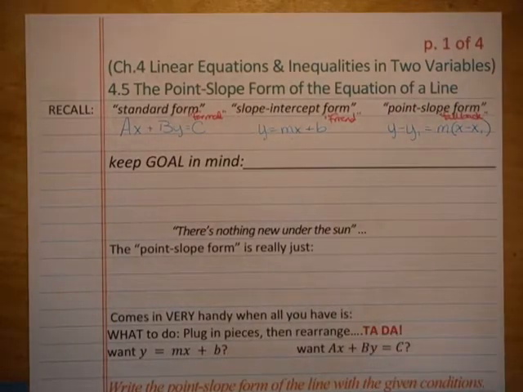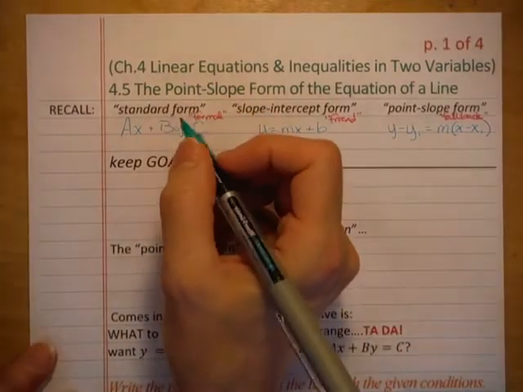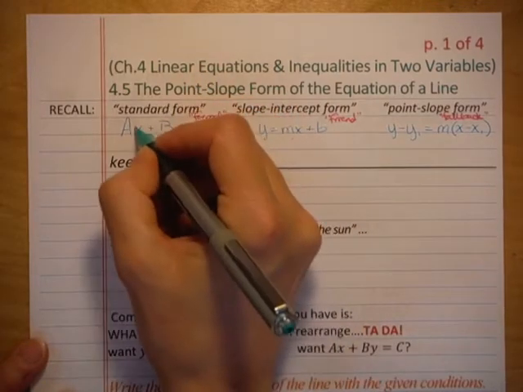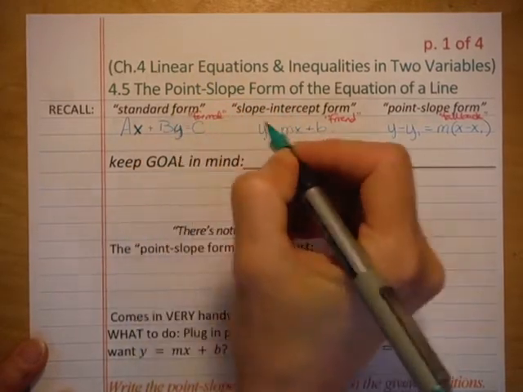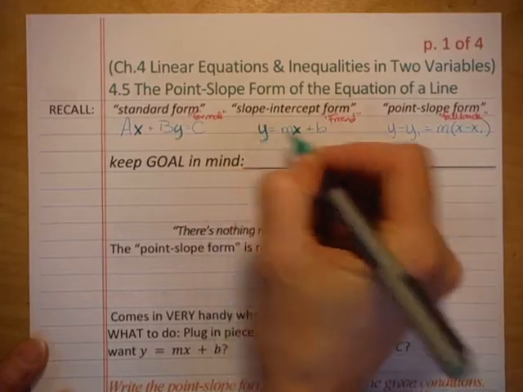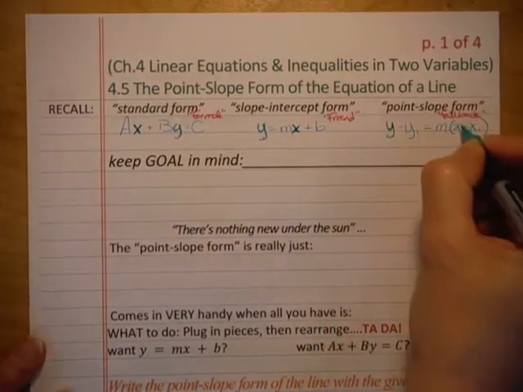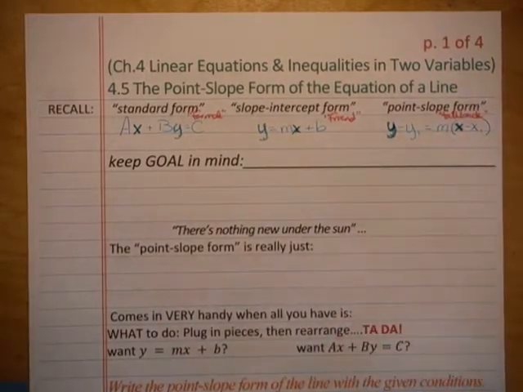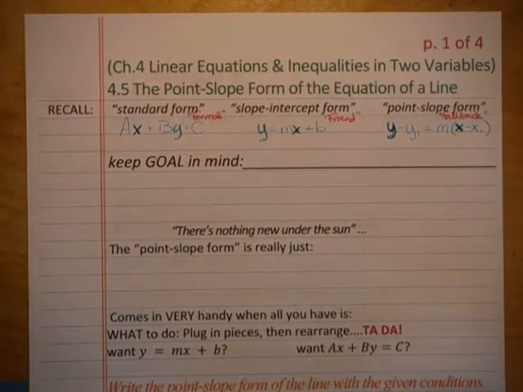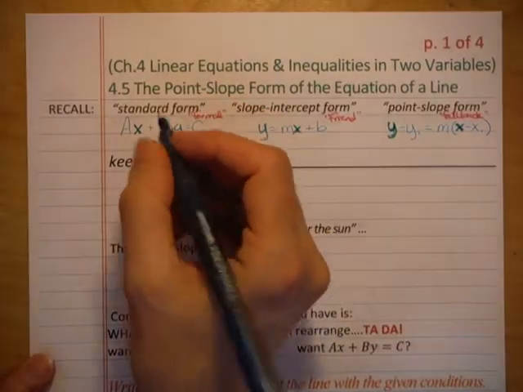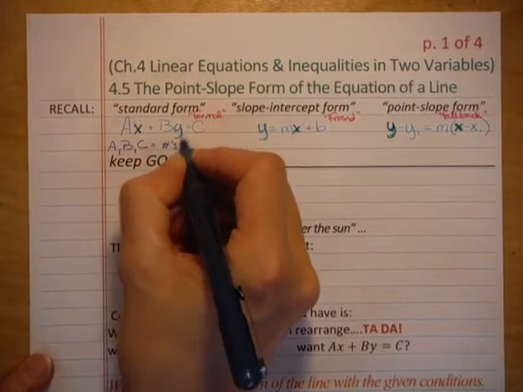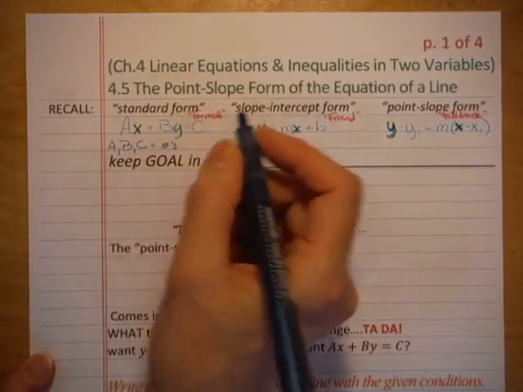Okay. Let's look at what the pieces of this are. Your x and y will always show up. They'll always remain x and y, and the other letters will be replaced with numbers. So it's the plain x and plain y, they're going to stay there. In the point slope form, the x1, y1 represent a point. The a, b, and c are just numbers in the formal standard form.